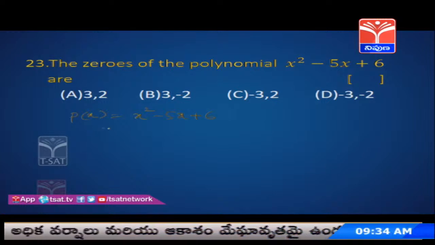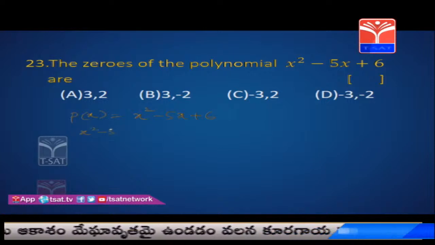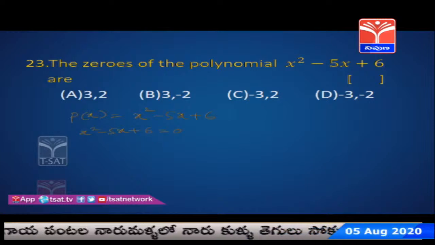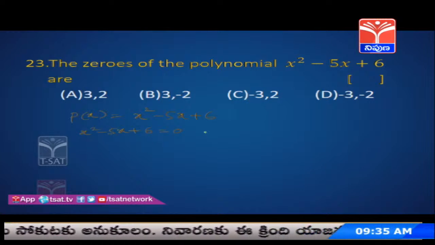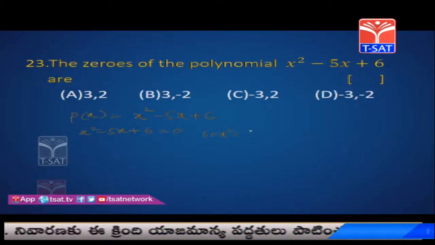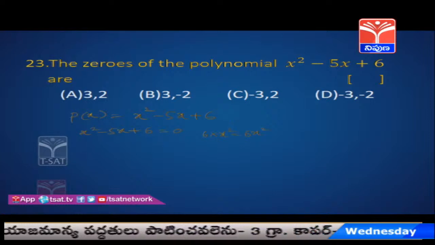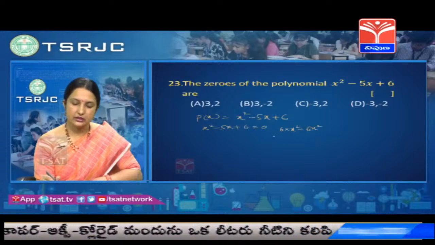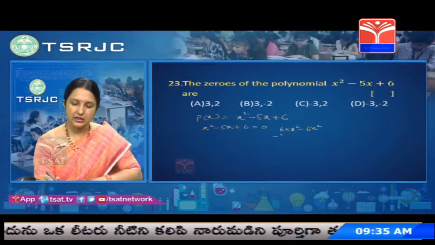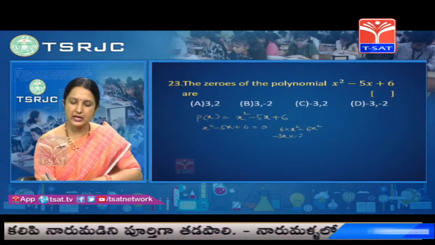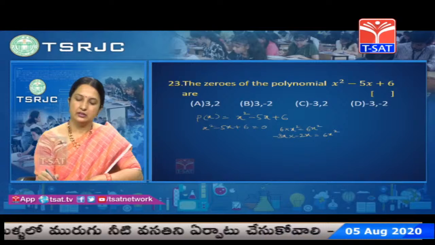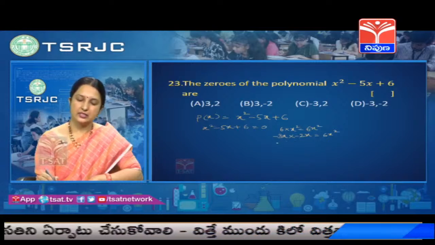In both ways you can do it, but select the method which takes less time and gives the correct answer. 6 into x square. When you answer, your time should be saved, plus you should also get the answer correct. Minus 3x into minus 2x equals to, minus into minus plus, 3 2s are 6, x into x is x square.